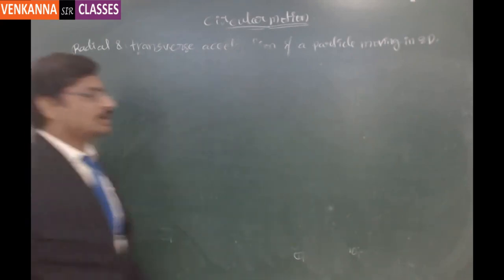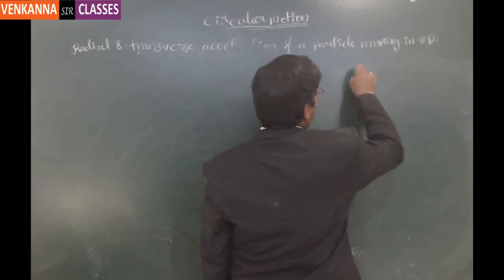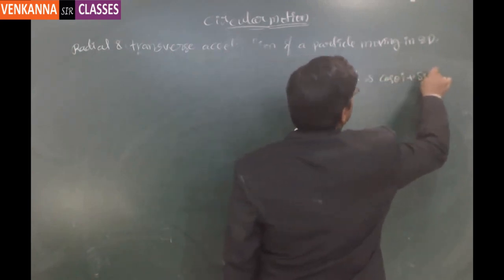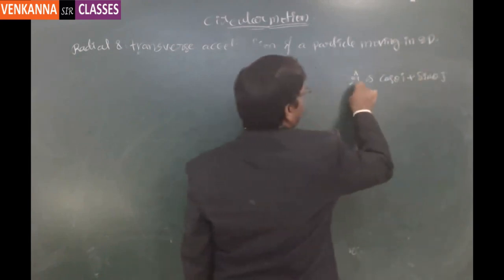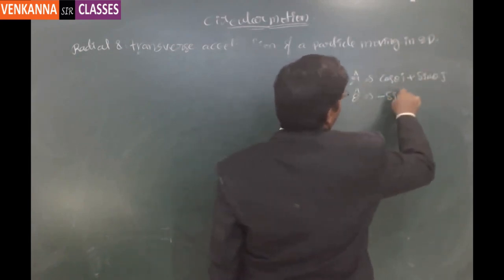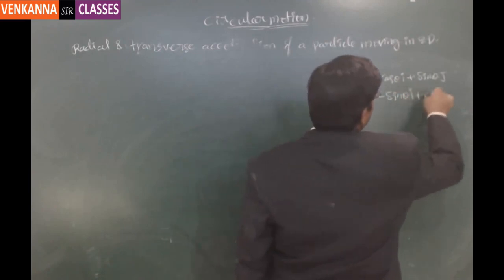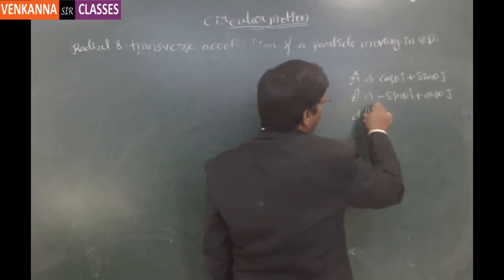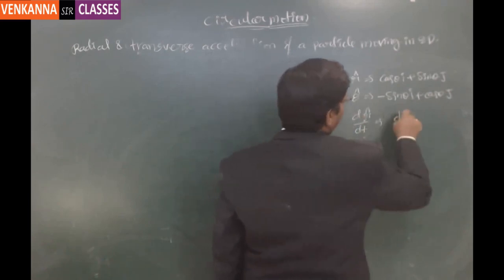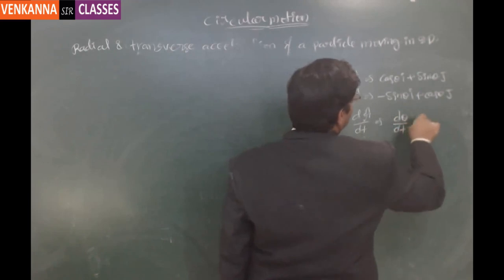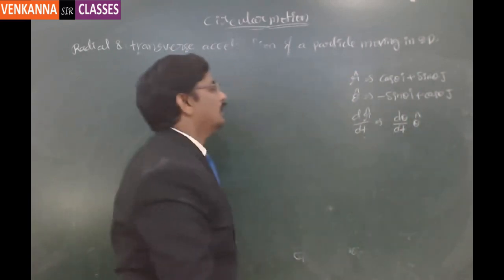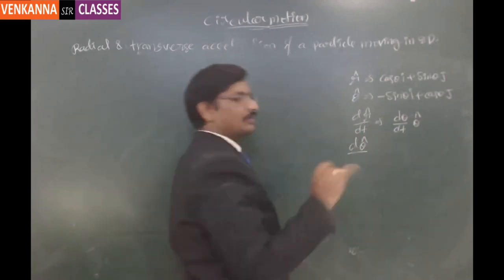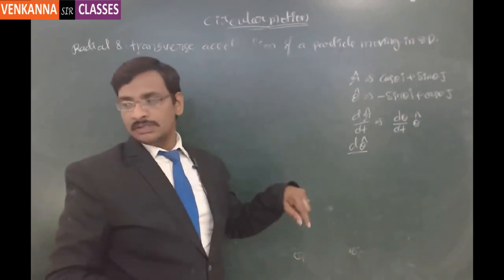So we have got the fundamental relations: r cap equal to cos theta i plus sin theta j, and theta cap equal to minus sin theta i plus cos theta j, and dr cap by dt is equal to d theta by dt into theta cap. Similarly, we want d theta cap by dt, because we wanted to calculate the derivative of the velocity again, where theta cap is involved.